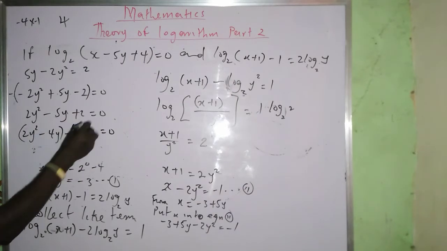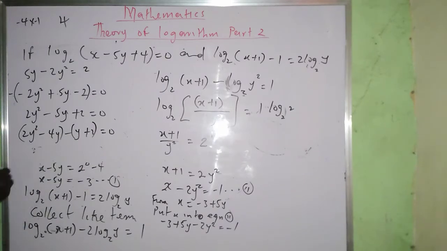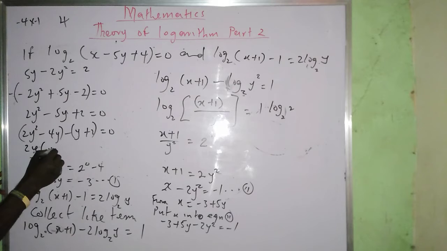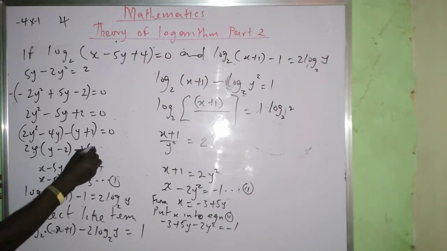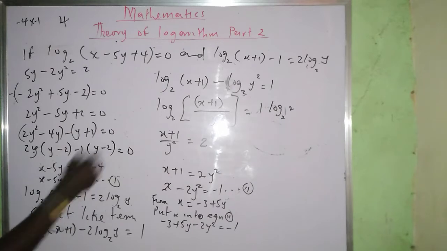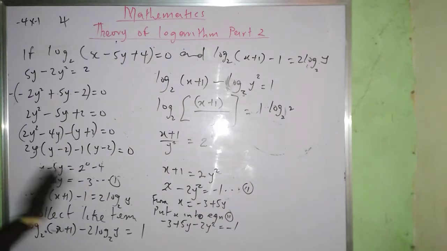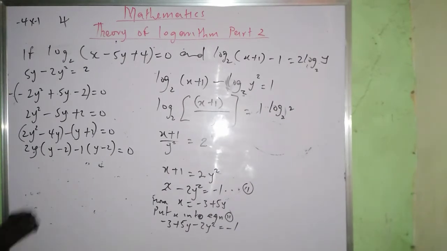I can now group into 2. I'm solving a quadratic equation now. What's common here is 2y bracket of y minus 2. What's common here is minus 1 bracket of y minus 2 equals 0.